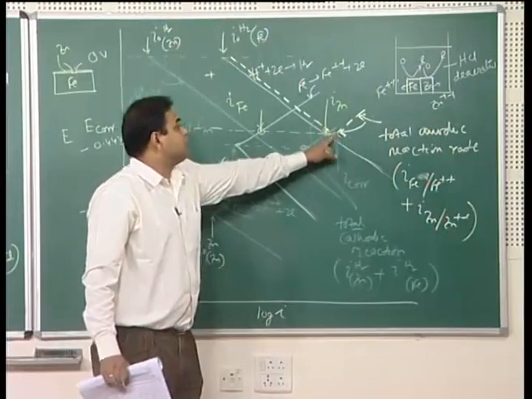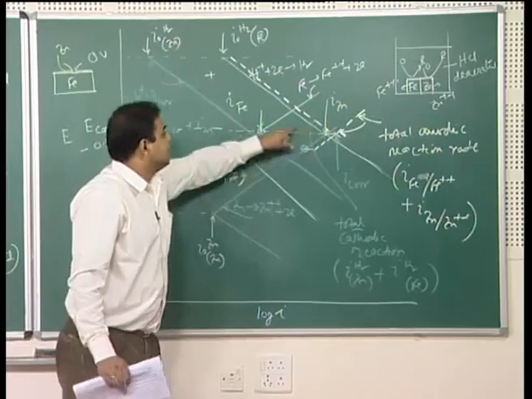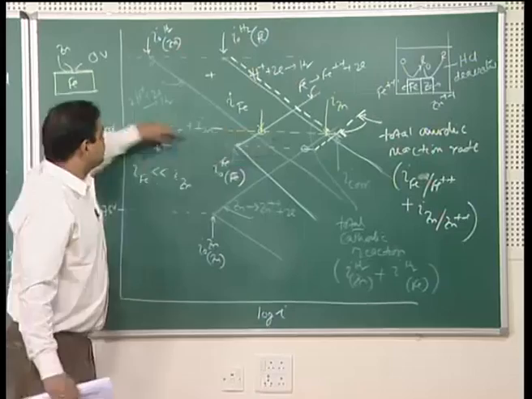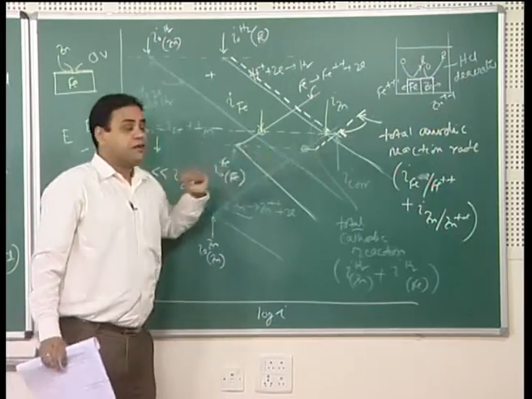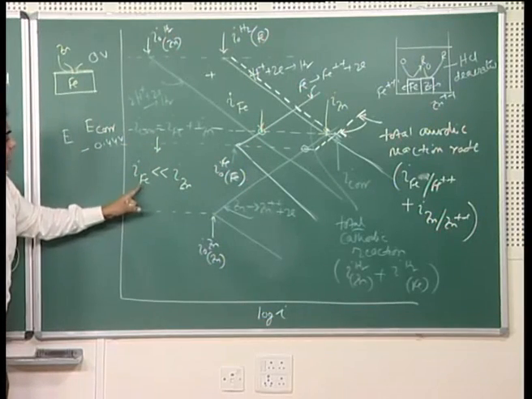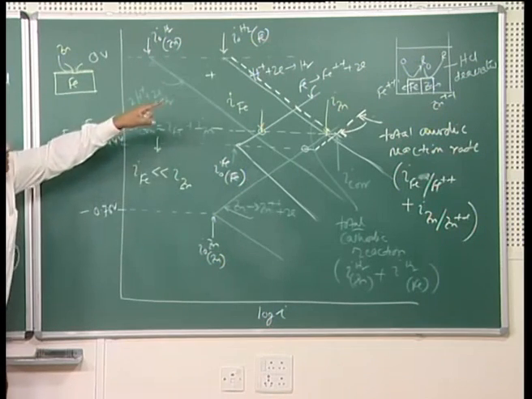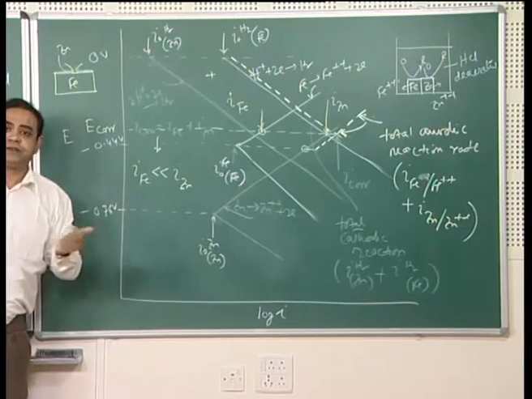Now, individually, to see the corrosion rate of iron and zinc, I have to see which point that potential line cuts the individual lines of iron and zinc, and from that we can understand that I iron, which is the corrosion rate of iron in the coupled condition, would be less than I zinc. So, iron is protected.